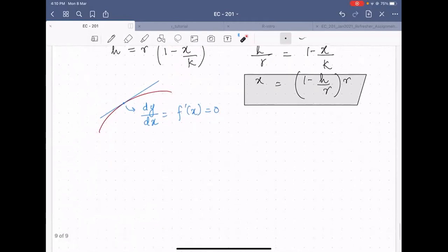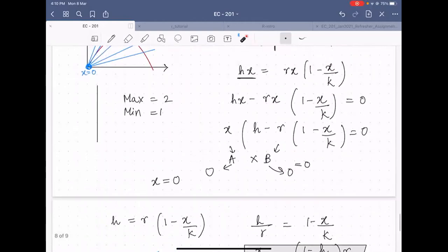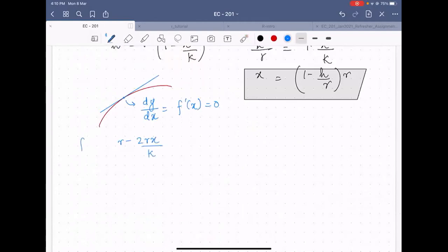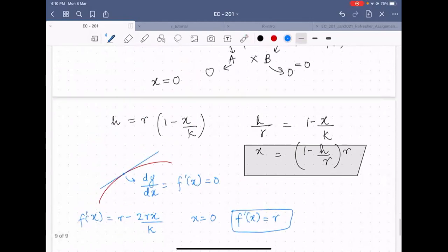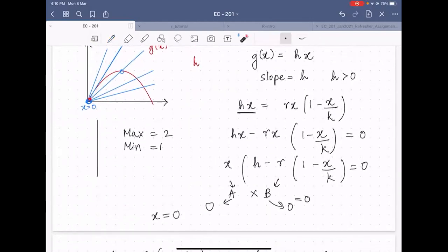Yes, it was r minus 2rx by k. This was my f dash x, right? So when I put x equals 0, the slope of my function is r. That means here at this point, since both the slopes are equal, my h is equal to r.